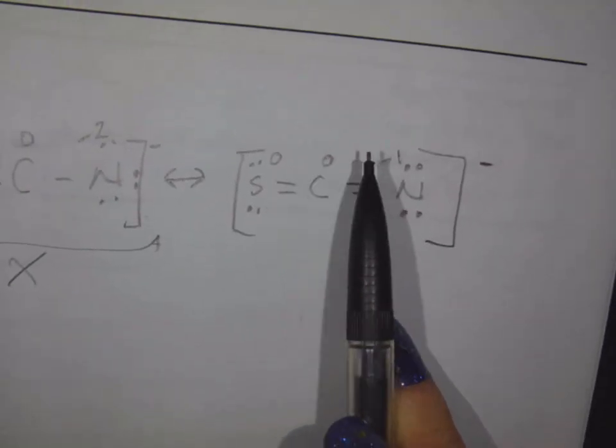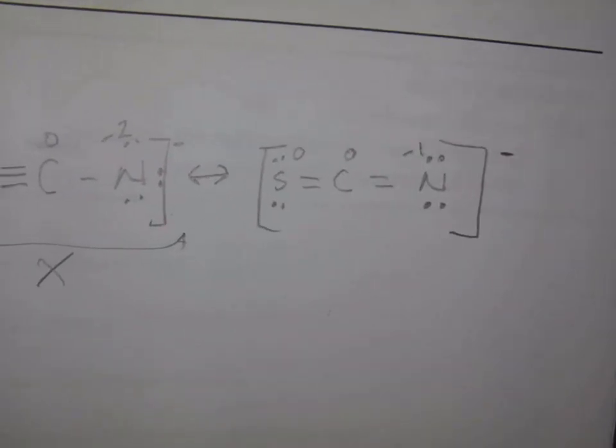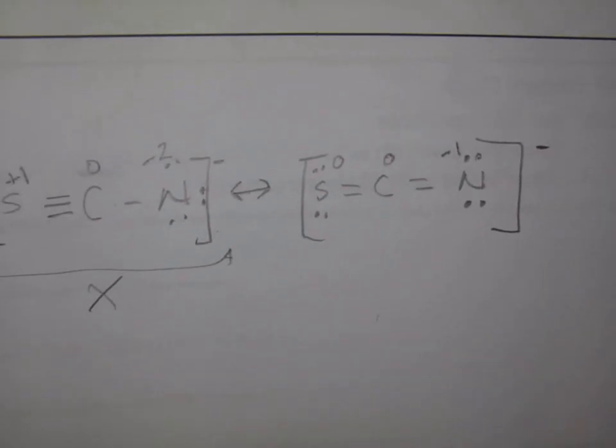The third structure had a -1, a 0, and a 0. When we run into this scenario, the atom that is more electronegative has a greater chance of having the negative charge. So this -1 formal charge is either going to be with the sulfur or it's going to be with the nitrogen.